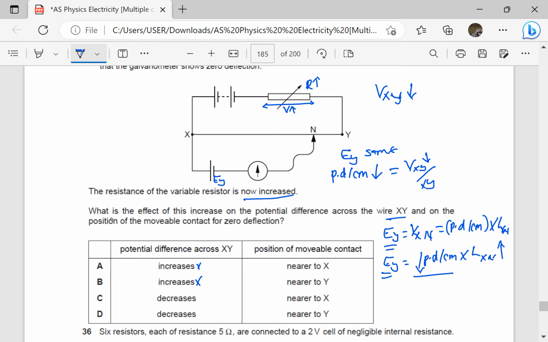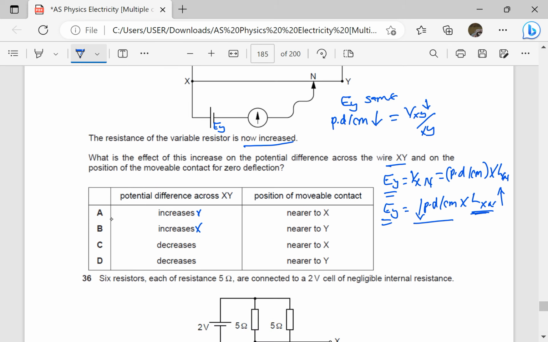What does that mean? To increase the length XN, the contact must be moved towards Y. Therefore, our answer is going to be D. The PD across XY decreases. The position of the movable contact must get nearer to Y so that the EMF remains the same. So the answer is going to be D.